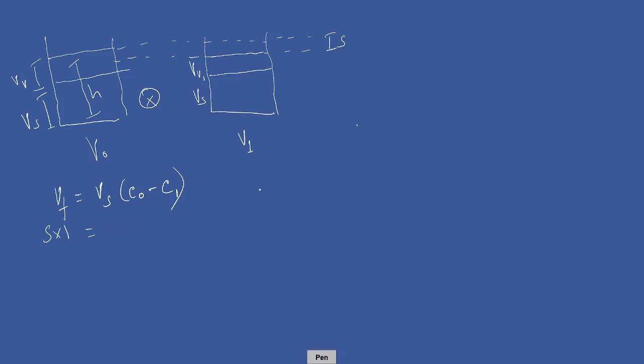First we need to derive the relation between the volume of soil and the total volume. Initially the total volume is volume of solids times 1 plus E naught, which we have calculated. So total volume Vt upon Vs is 1 plus E naught, and the change is E naught minus E1.